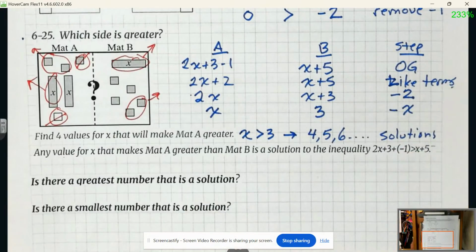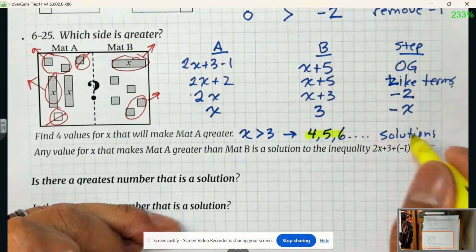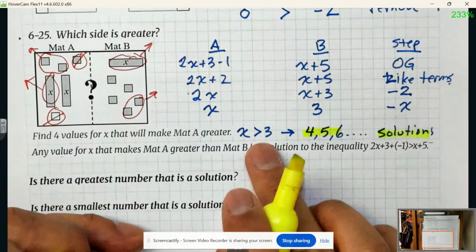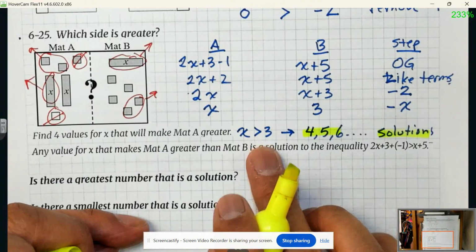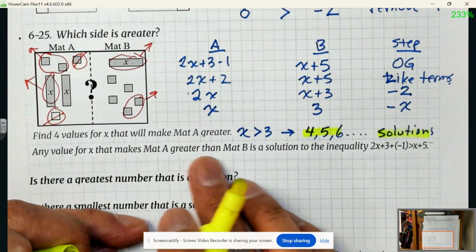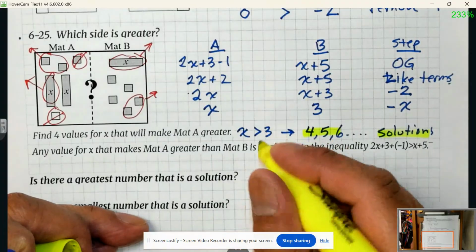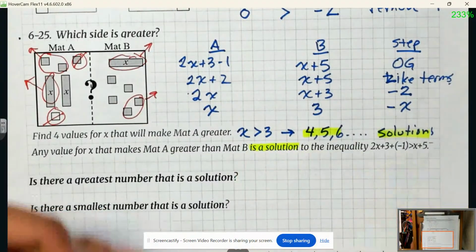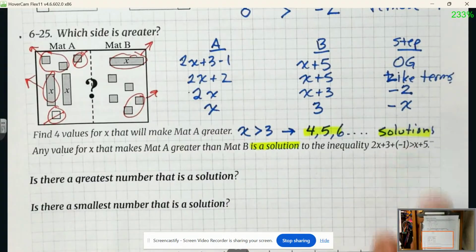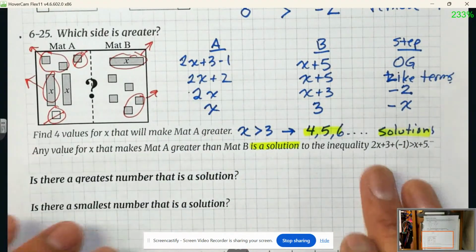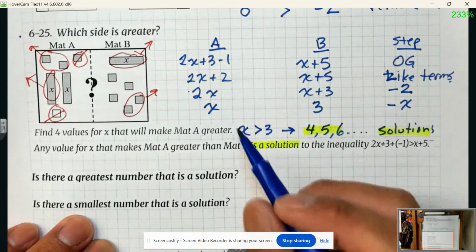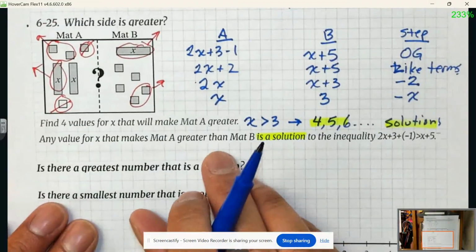Okay, all these numbers, 4, 5, and 6, since they're solutions, they would make this a true sentence. Okay, so any value for x that makes A greater than B is a solution for the original inequality.